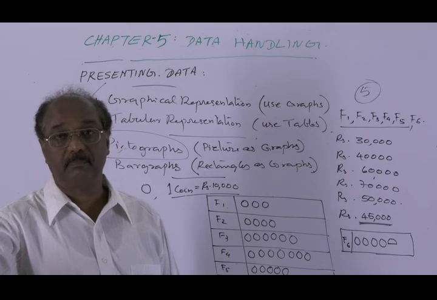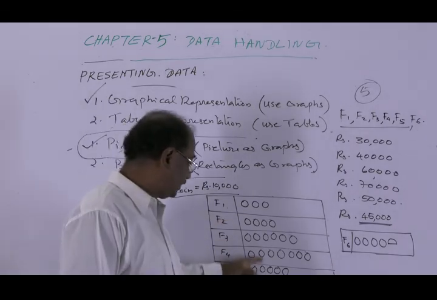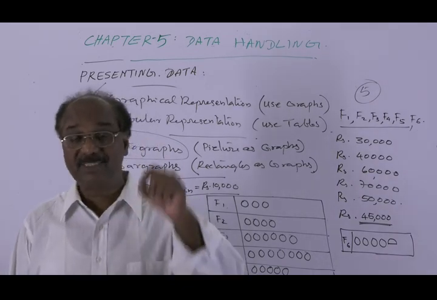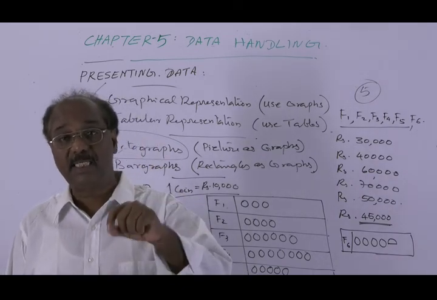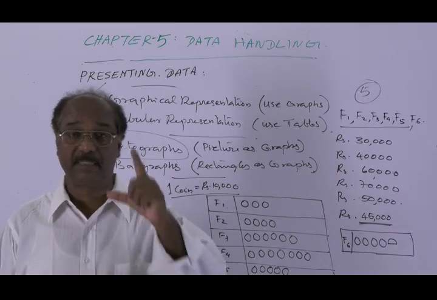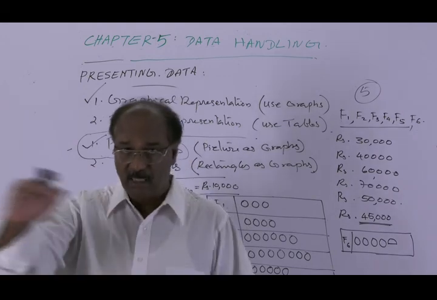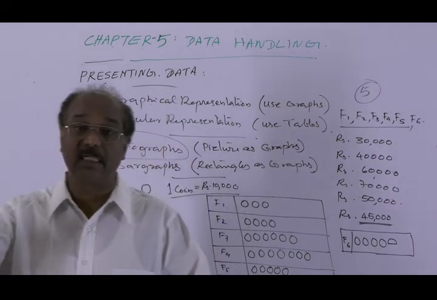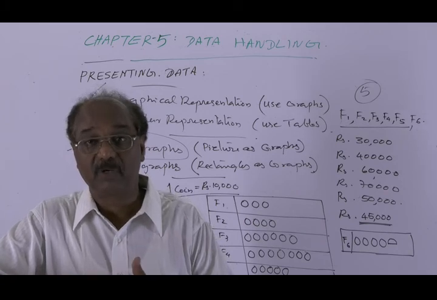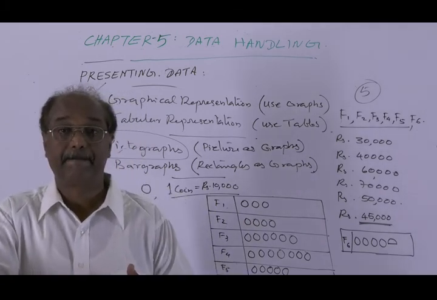Remember that all the full circles should be of the same size and shape; since it is a circle, the radius will be the same. For the half circle also the radius is the same, but it is a semicircle. This gives us the information regarding the annual income of the families.